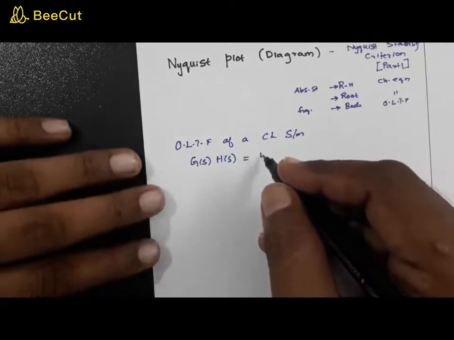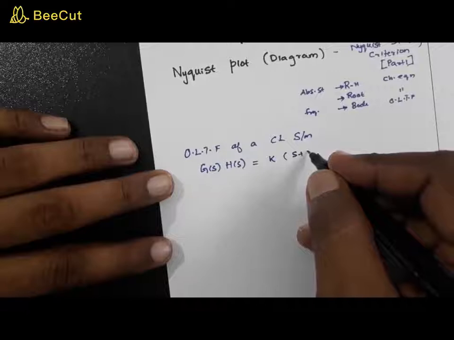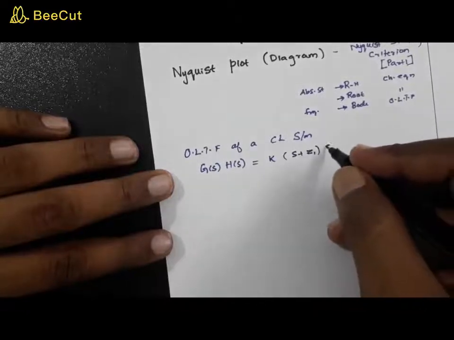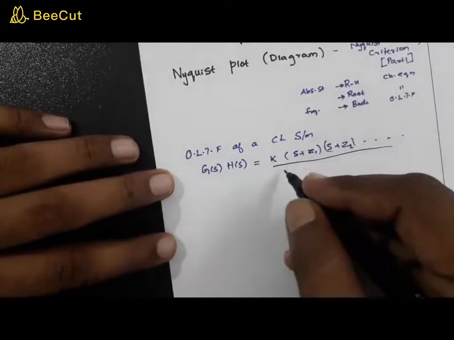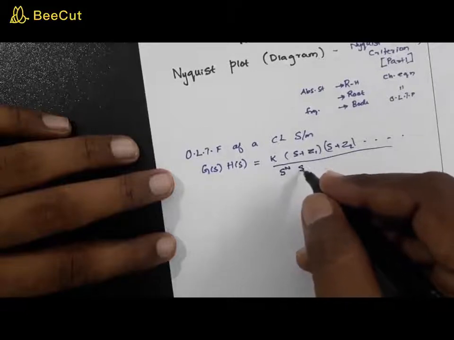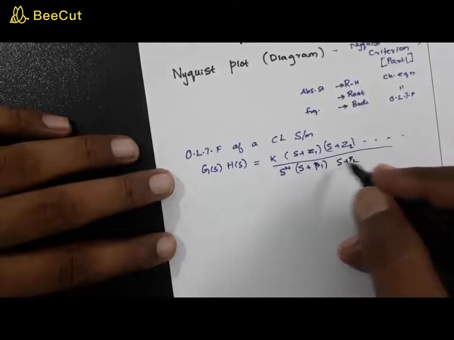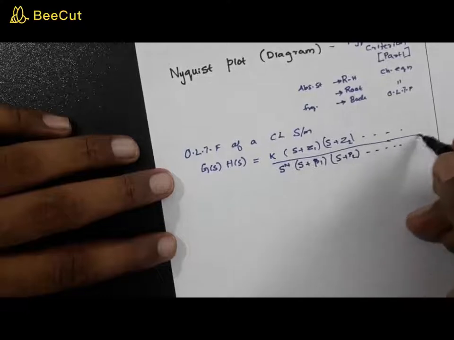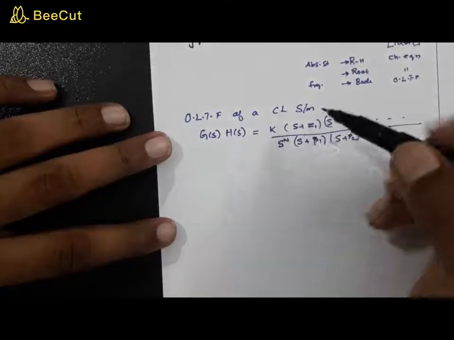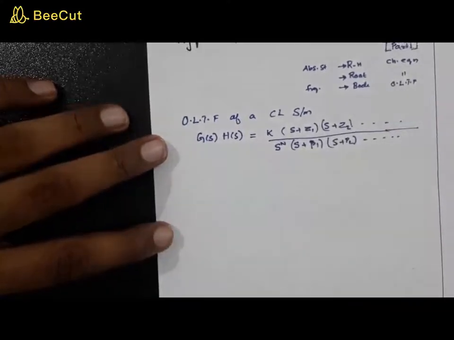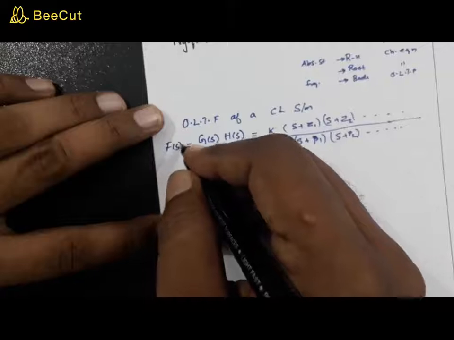So that is of the form K into (s plus z1) into (s plus z2), etc., divided by s raised to n into (s plus p1) into (s plus p2), etc. Okay, so you can say that this is a forward scale factor, and these are the terms associated with this open loop transfer function. Now basically you can call this a function of s, right?